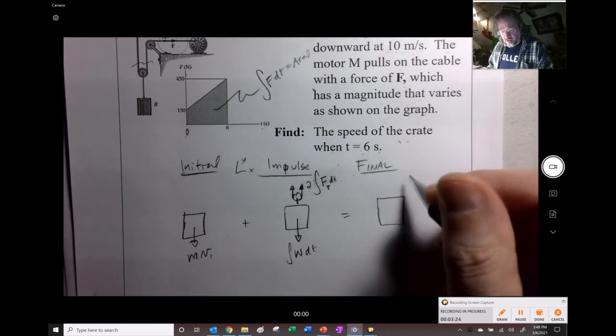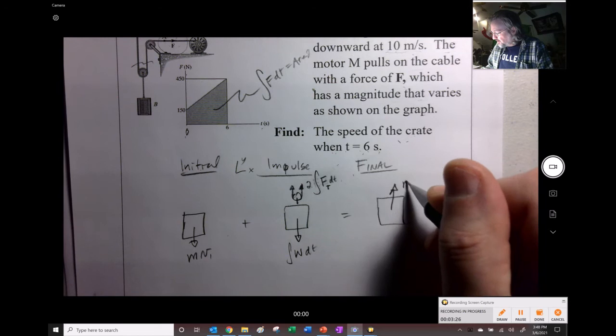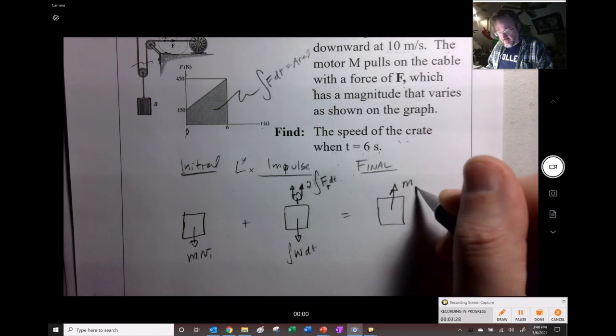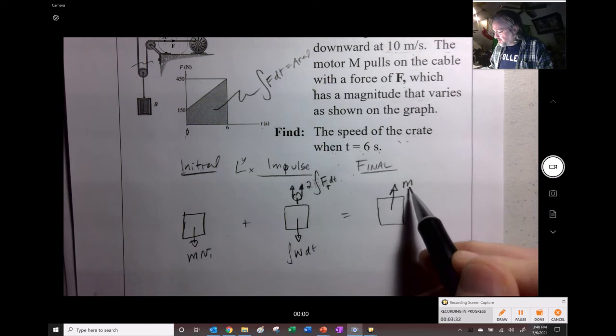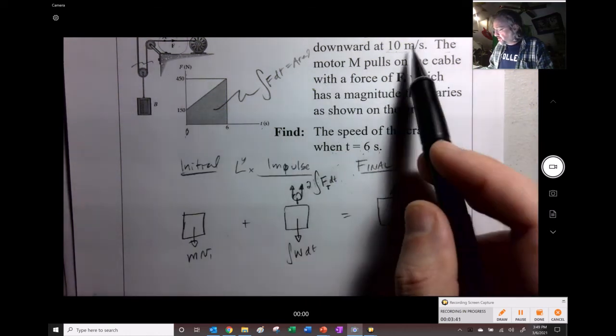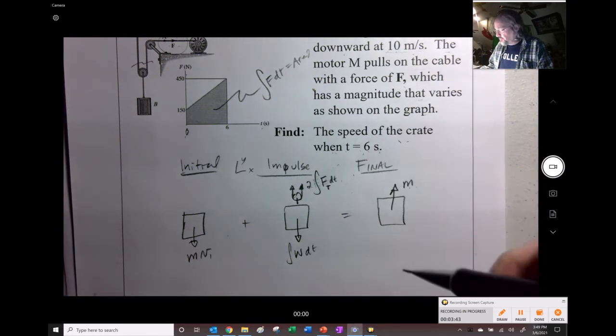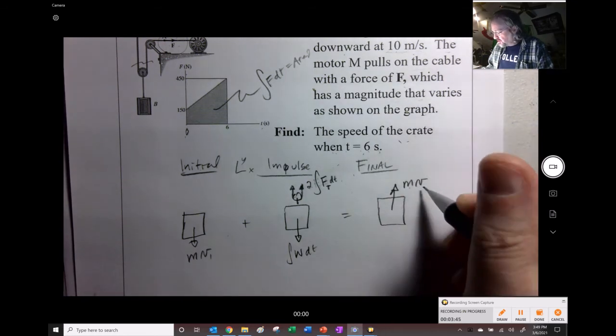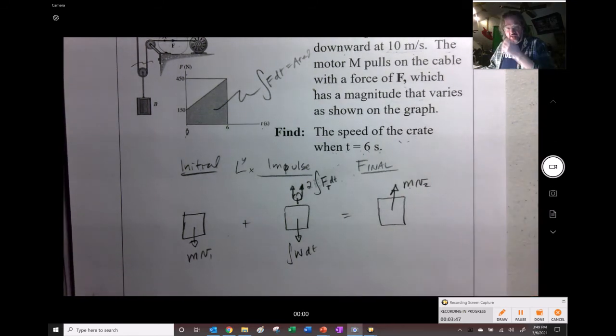And then we also have this mass times velocity. We don't necessarily know that this thing is going to go back upwards, but I decided to assume that it was. This thing is pulling, so usually it's going downwards, so we don't know. Maybe it's best that we assume that it's going upwards at the second time.